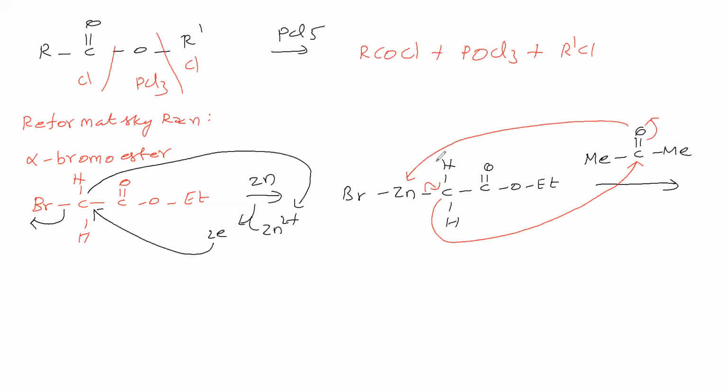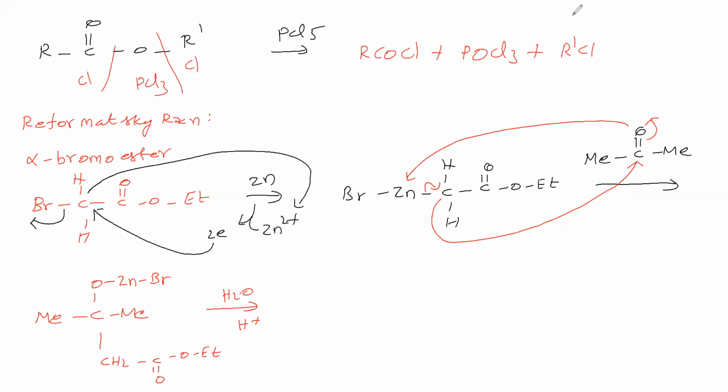Minus charge attacks this zinc. So we will get the Me, Me. Here this O will bond with ZnBr. Here this CH2COOEt comes here. So we are getting this. It is going for hydrolysis in the presence of acid.